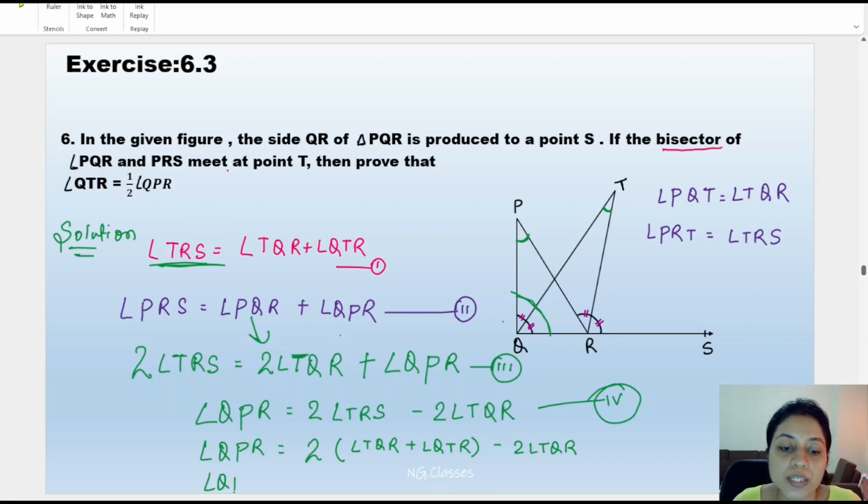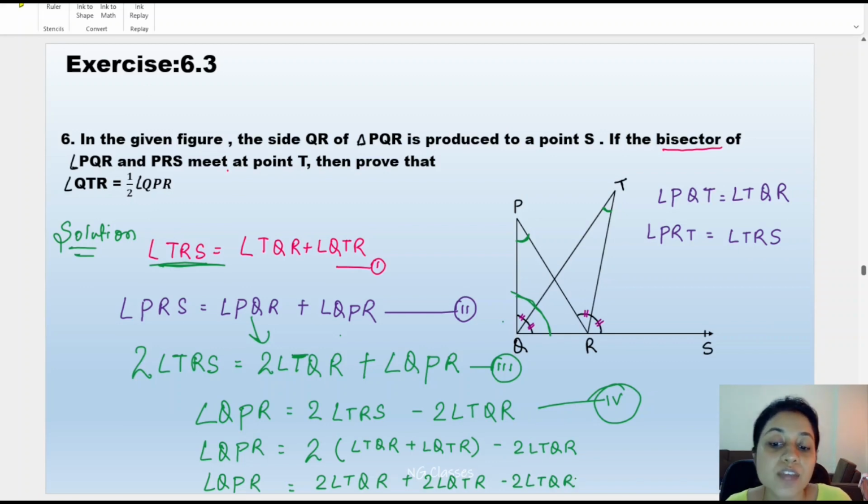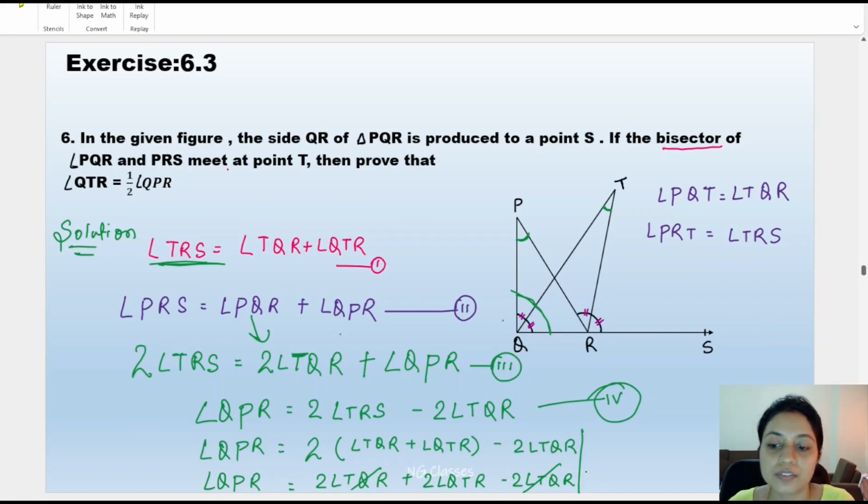So angle QPR is equals to twice of angle TQR plus twice of angle QTR minus twice of angle TQR. Now can you see we are getting the like term? Twice of angle TQR, the first term on the right hand side and the last term on the right hand side are cancelling each other. So let's cancel them.